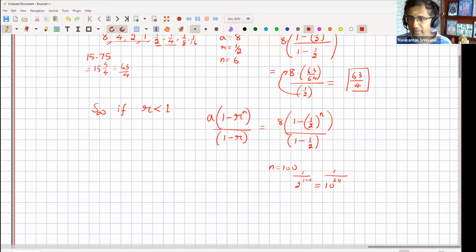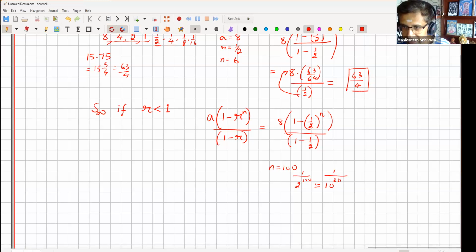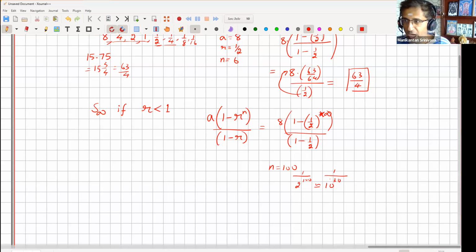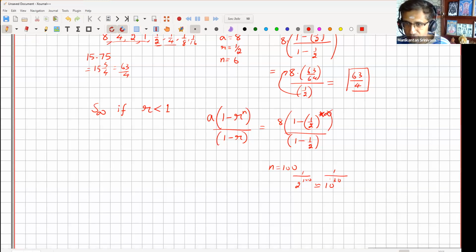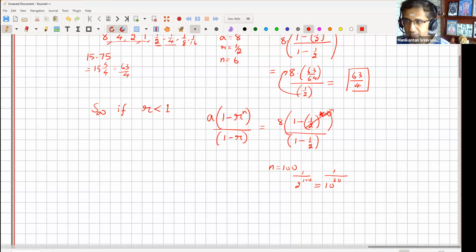So this half power n, as n approaches infinity, so what I'm writing is technically, for namesake, I'm writing like this, so don't write like this. If I put half power infinity, then this term is going to vanish, namely half power million or half power 1,000, whatever it is, it's going to be practically 0.